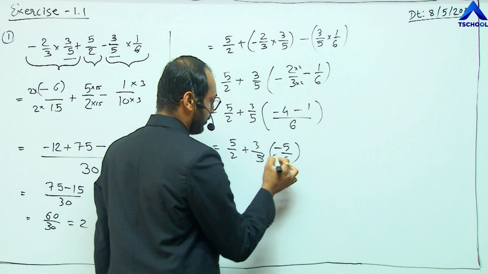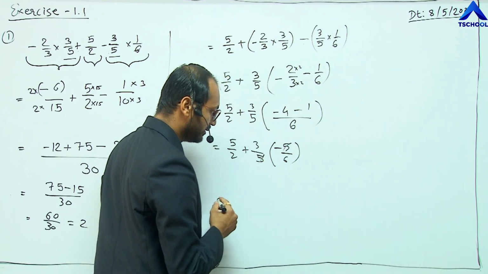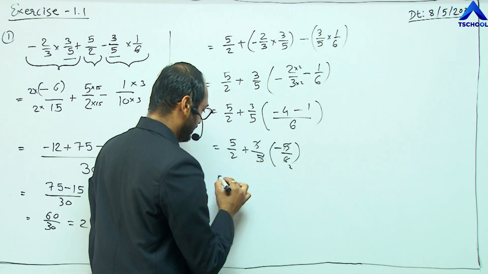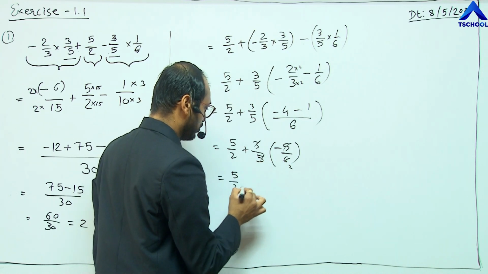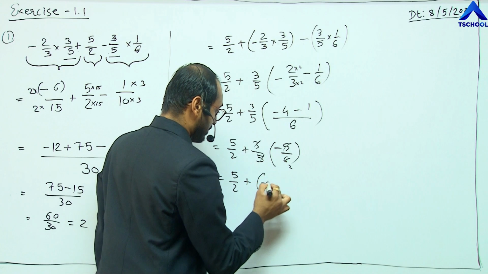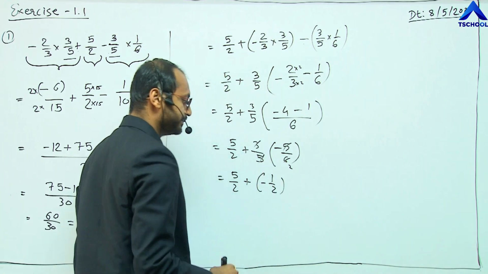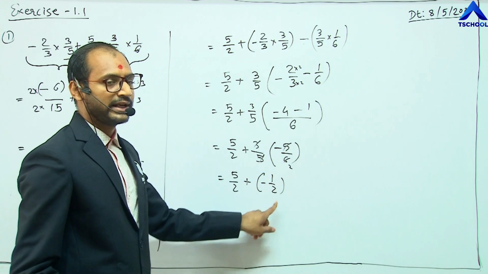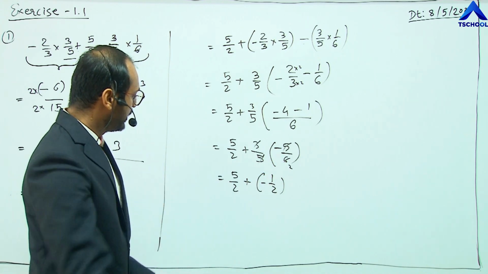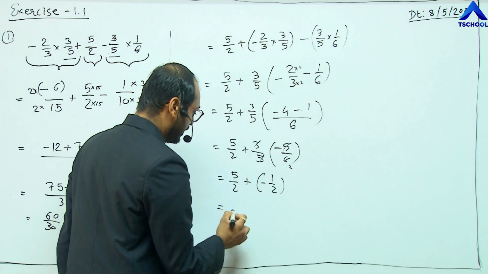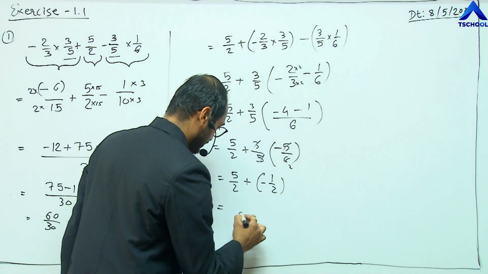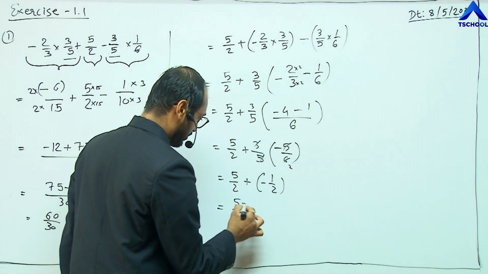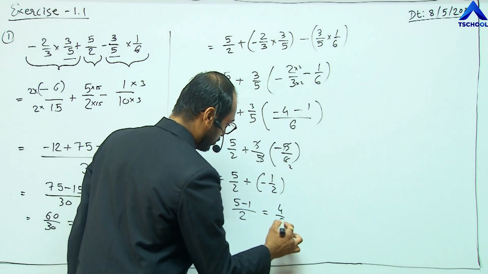Now 5 will be cancelled. 3 2s are 6. So remaining term is 5 by 2 plus minus 1 by 2. Here minus sign is remaining, so the answer is minus 1 by 2. Again 2 is LCM, so taking 2 common, 5 minus 1 is 4 by 2.